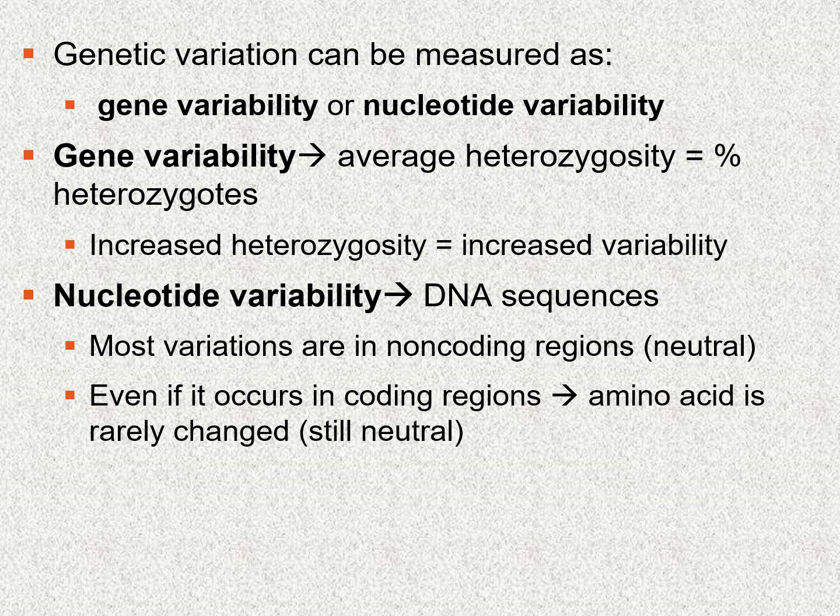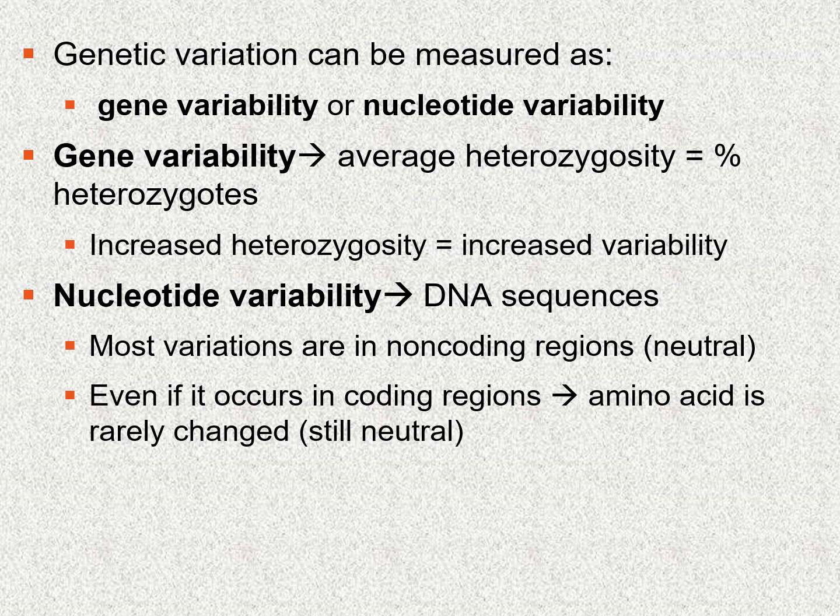Nucleotide variability is directly the DNA sequences, so changes in the DNA sequences. Most variations occur in the non-coding regions. So remember, I told you, not in the genes. It can happen in the genes, or it can happen in regions that are not gene material. These are neutral. It can also be neutral if it is in a gene or in the coding region but doesn't change an amino acid.